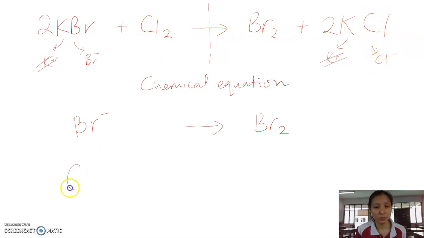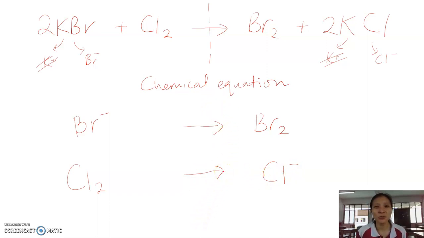So I start with these two and see what the changes are. Br- has become Br2, so I write it down. Br- becomes Br2. And then I also see that Cl2, which is a molecule, has changed to become Cl-, which is an ion. So I also write that down before the reaction and after the reaction, with the arrow in the middle.